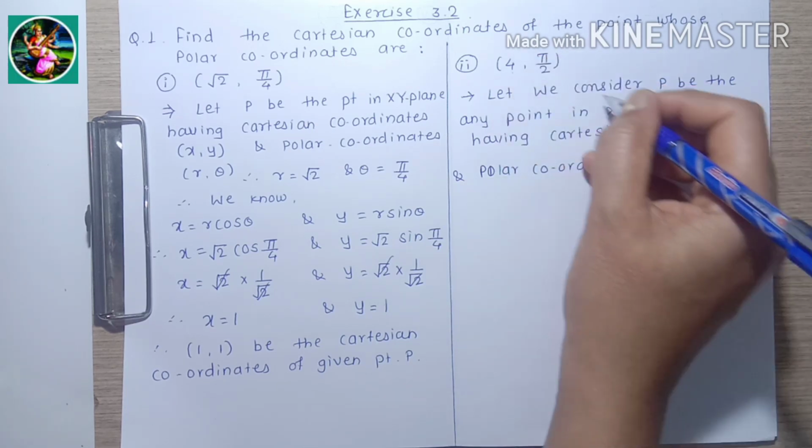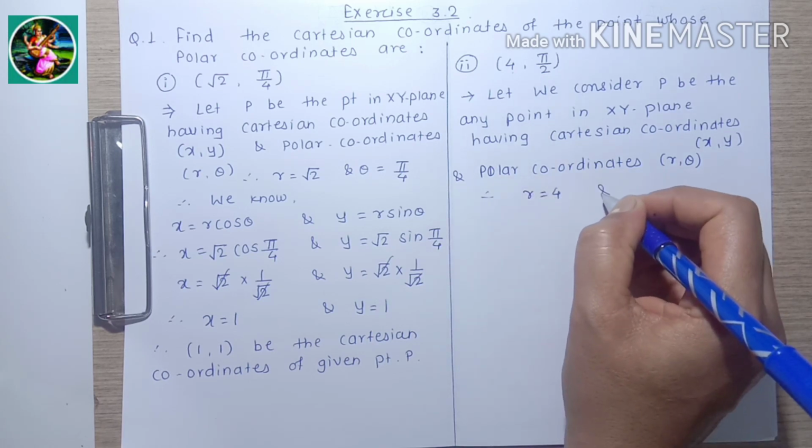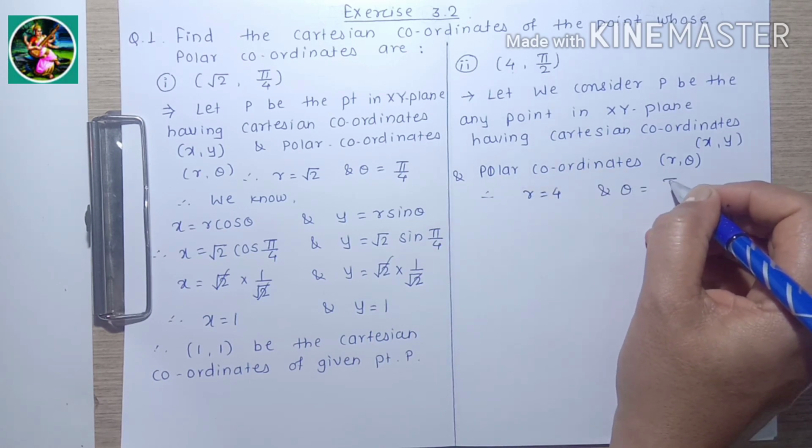Here polar coordinates are given. Therefore, here we write r is equal to 4 and theta is equal to pi/2.